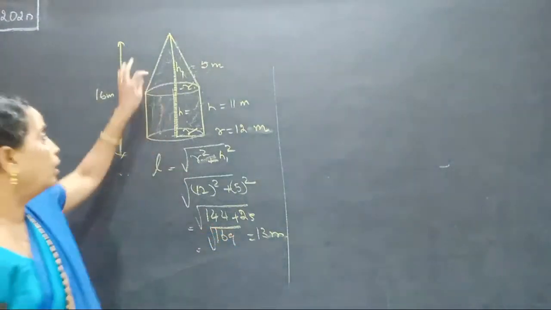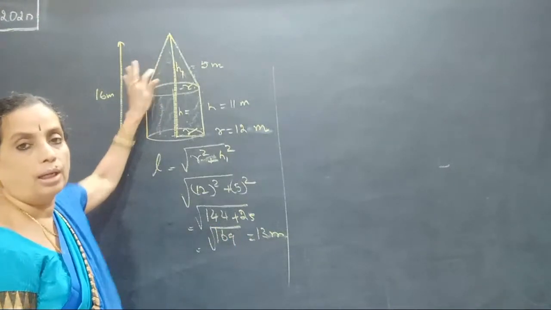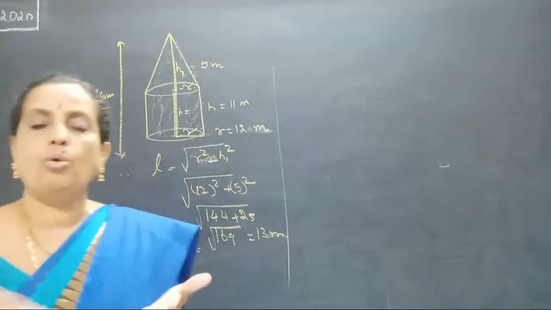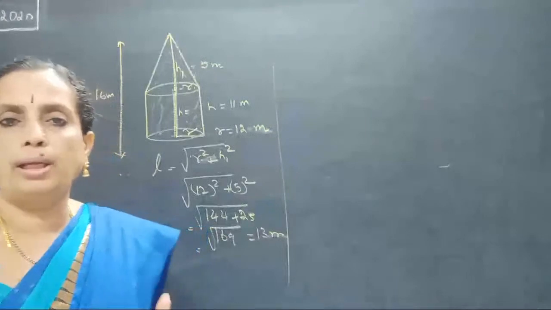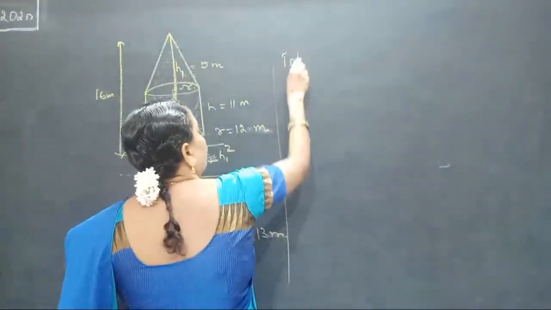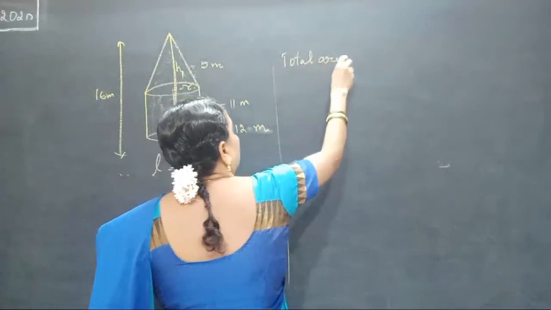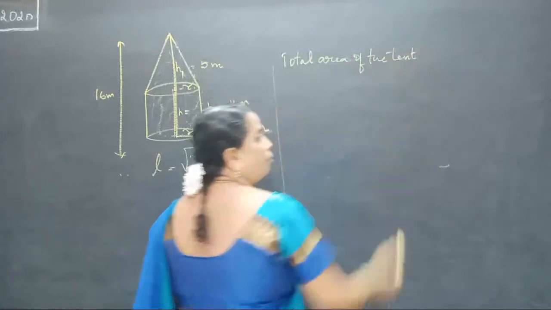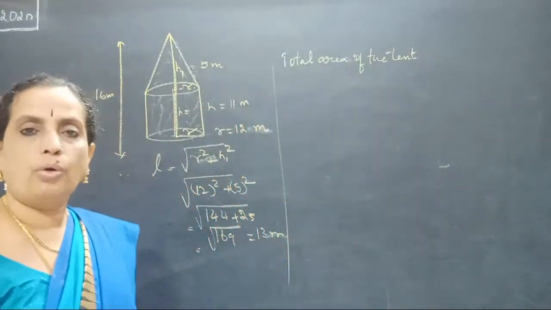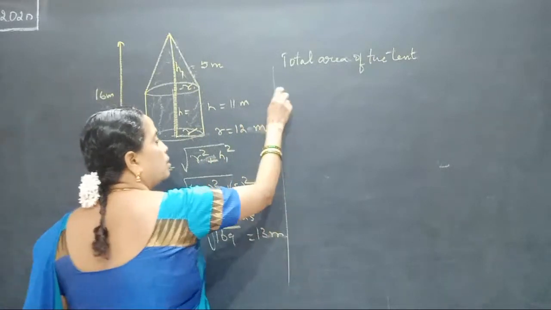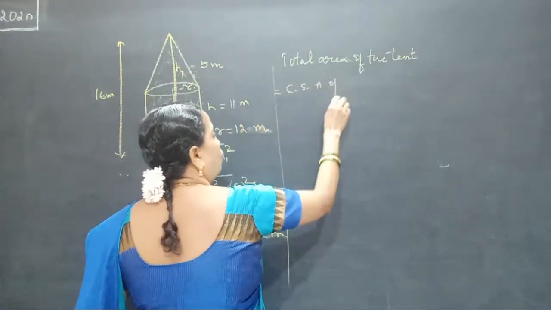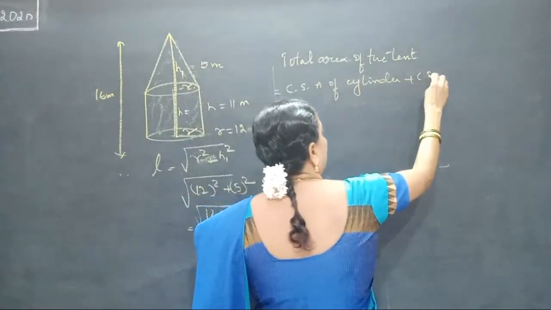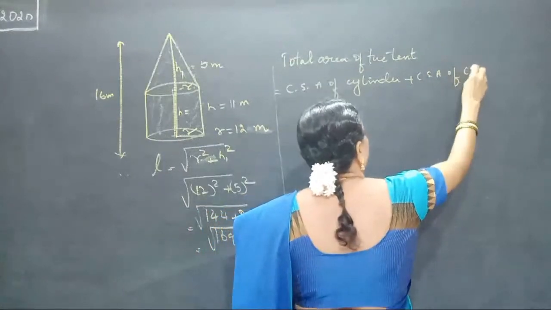That means only the curved surface area of the cone and the curved surface area of the cylinder, because in between there is no space. It is hollow only. So now write the total area of the tent. Tent is a combination of cylinder at the base and cone at the top, equals curved surface area of cylinder plus curved surface area of cone.